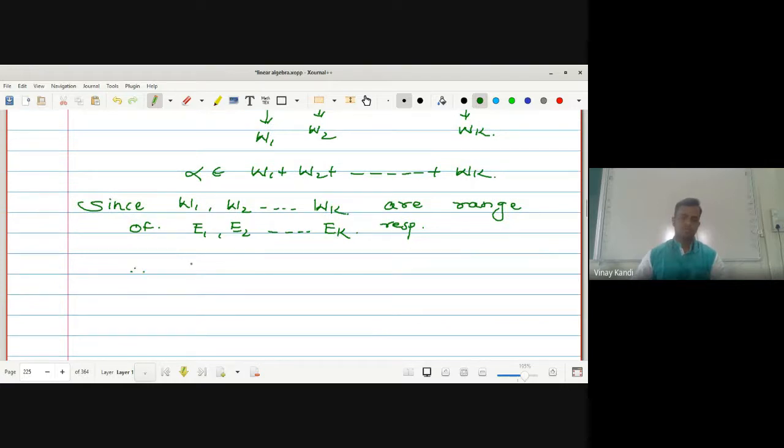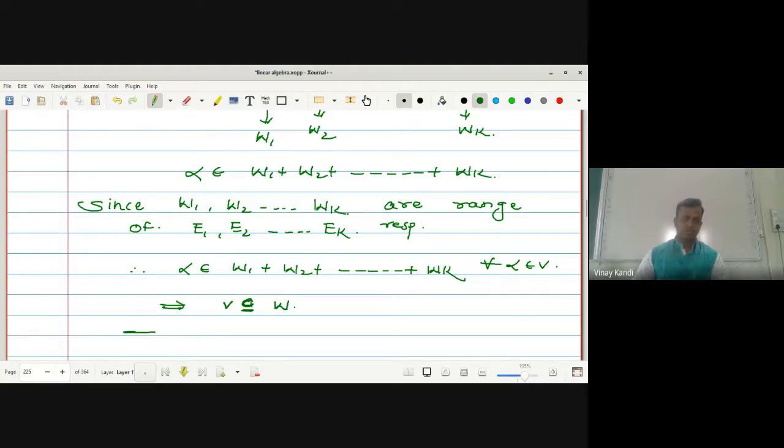So therefore this alpha belongs to W1 plus W2 plus up to so on WK for all alpha belongs to V. So that means this V is contained in W.